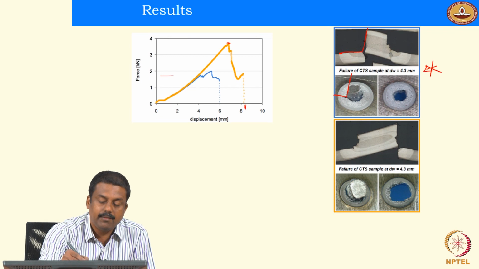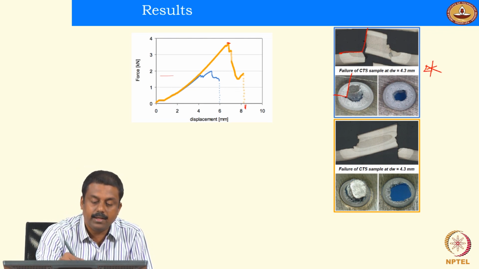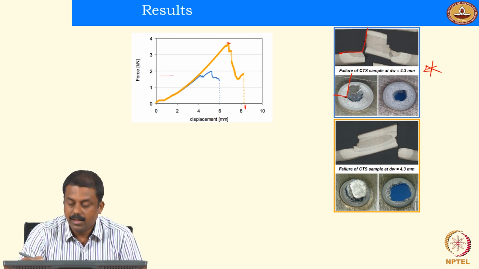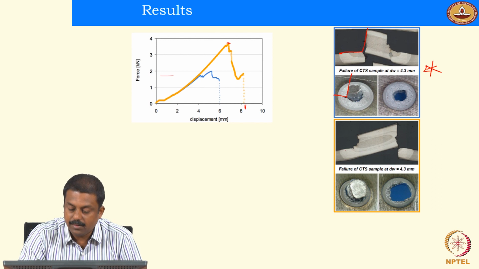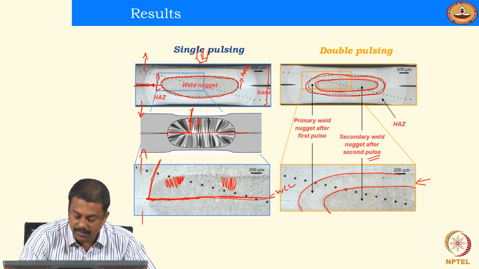And in the second case, when you have a double pulsing, you see that strength is increased and displacement also increased, that means the mechanical properties are improved significantly. So if you look at the failure mode, the moment you have a failure initiated, and then the regions where you see a boundary between the primary and secondary weld nugget, boundary between the secondary and primary weld nugget.